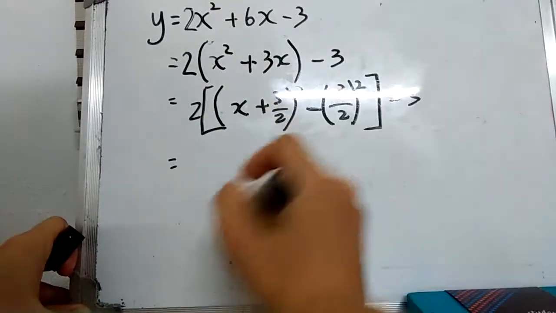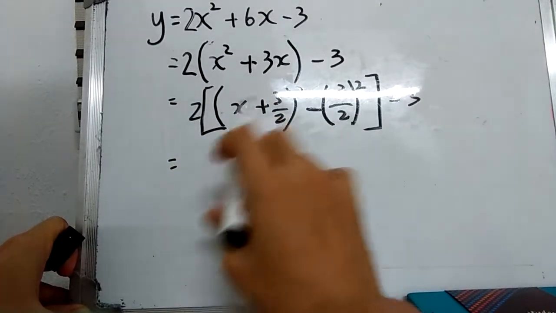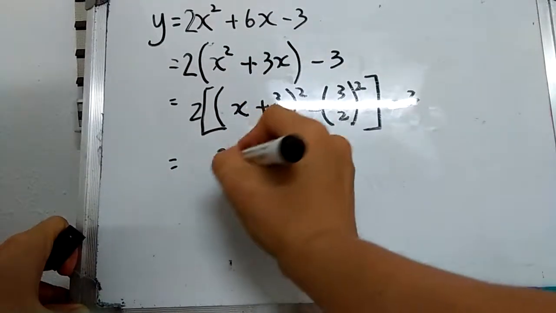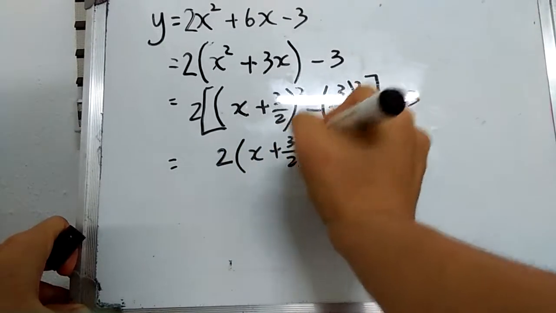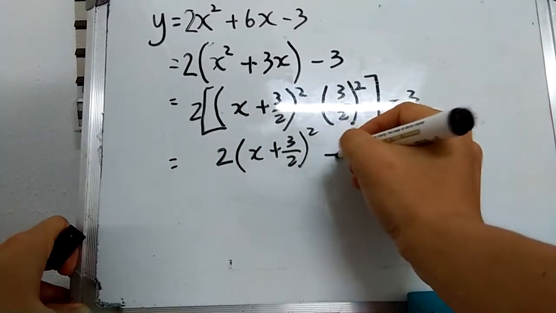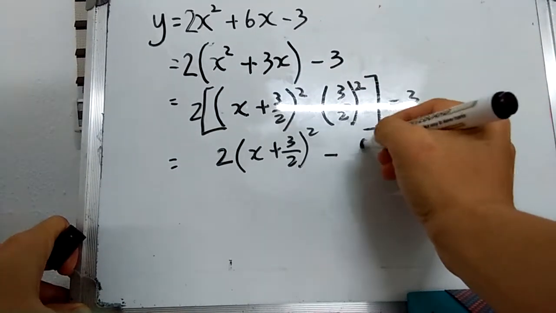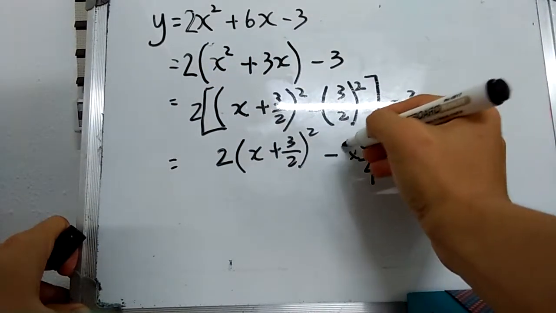The next step is you use this 2 to multiply each and every individual bracket. You will have 2 times x plus 3 over 2 squared, minus the square of 3 over 2, which is 9 over 4, and you have to times the 2 here.